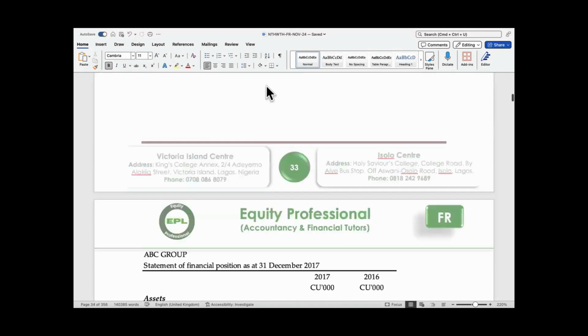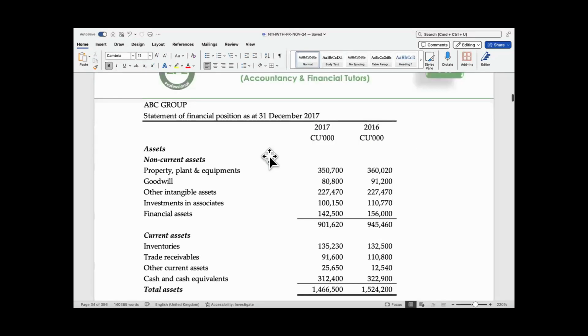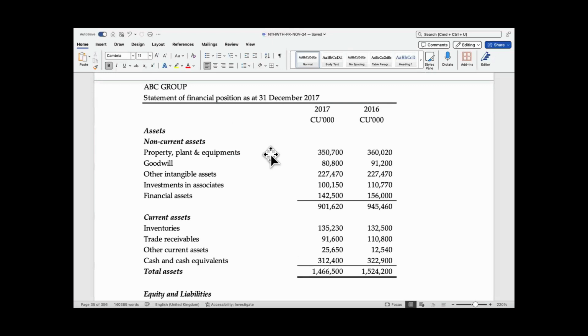Okay, so usually when you are presenting your statement of financial position, your non-current assets will always come first. That is how we present it. It's always presented in such a way that the asset that is so difficult to sell or to convert to cash is what we start from.